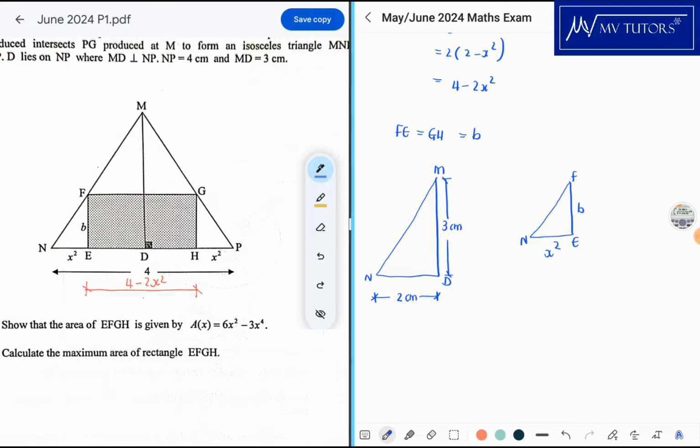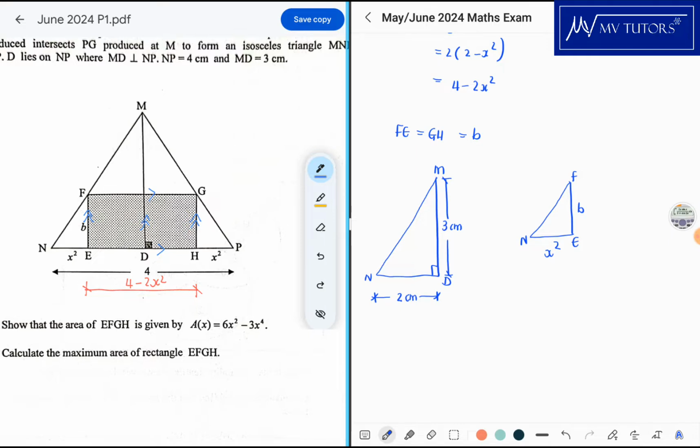They told me already that MD is perpendicular to NP, so I have a right angle triangle. Also, because I have a rectangle, remember the properties of a rectangle: FE is parallel to GH, FG is parallel to EH. I'm expecting that MD, since it cuts this big triangle in half, is also a bisector, and it's parallel to FE as well.